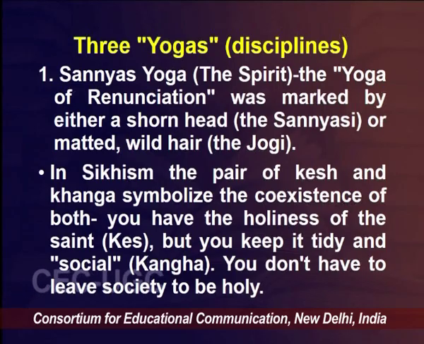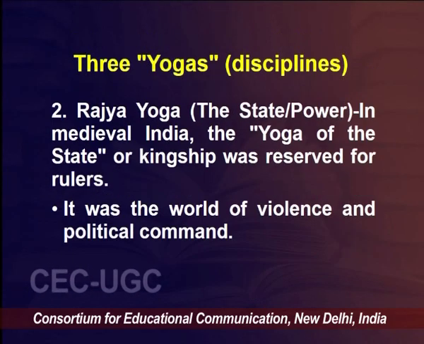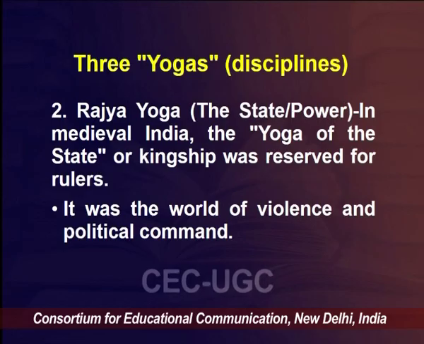In Sikhism, the pair of the kesh and the kanga symbolizes the coexistence of both. You have the holiness of the saint, that is your kesh, but you keep it tidy and social with the help of your kanga. So, you don't have to leave society to be holy, and that is, the religious can coexist with the secular.